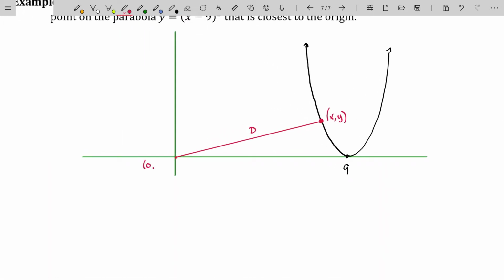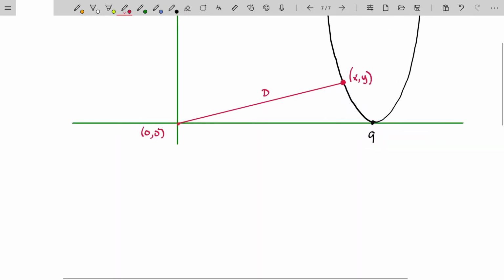And so this is very much a problem that we did in the optimization section. It's just we get to use Newton's method for it. So the formula for the distance using Pythagorean theorem is just that d squared is equal to the difference between the x values squared plus the difference between the y values squared.